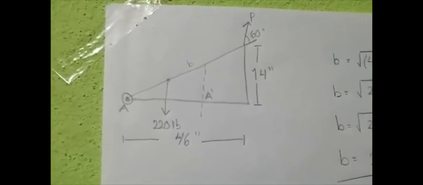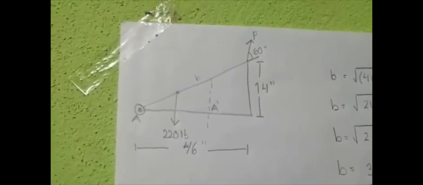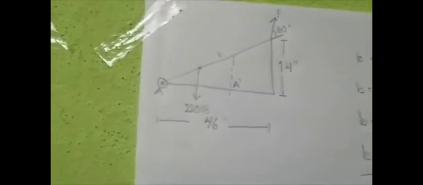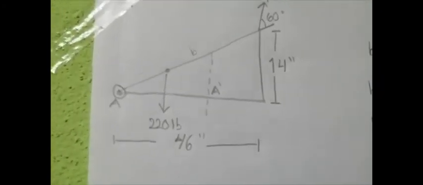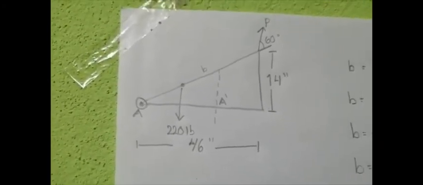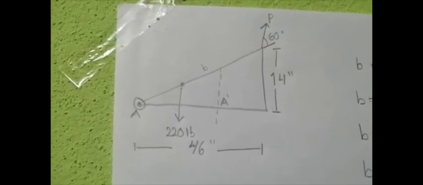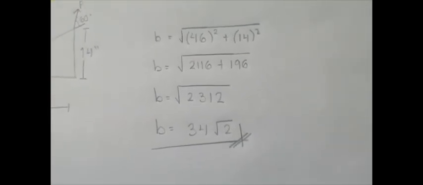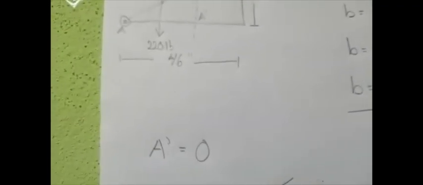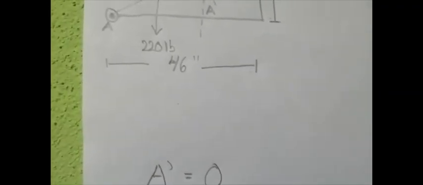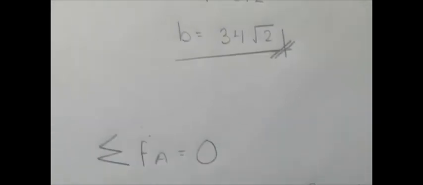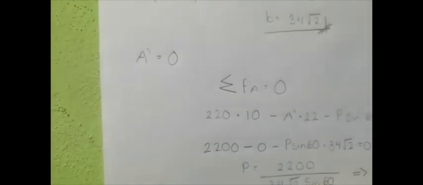Next, my partner got it with Pythagoras, as we can see: 46, that is the distance, plus 14, both squared, and we solve this, and we got that letter B is given by 34 squared root 2. It's important to know that letter A prime, we don't have the value.